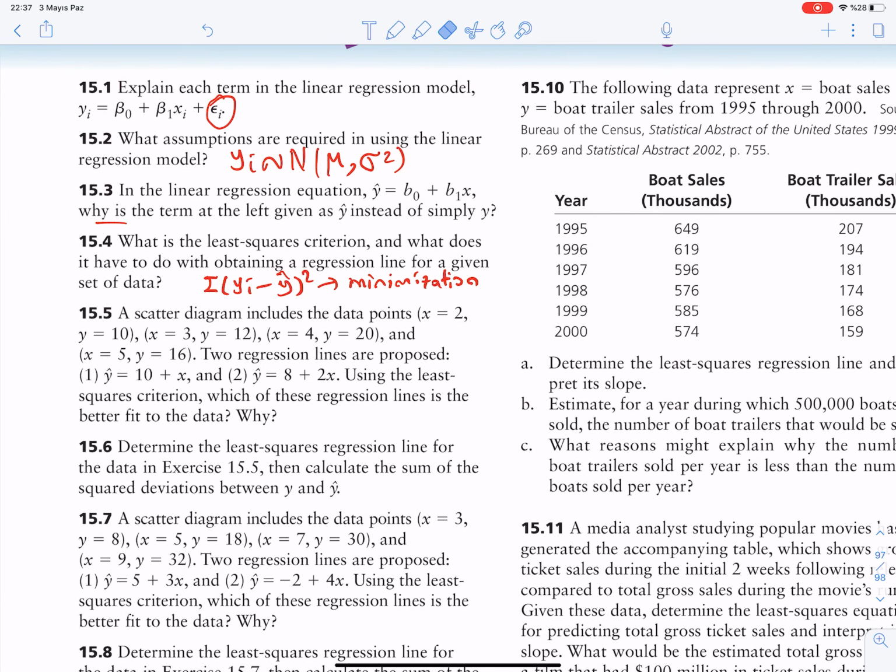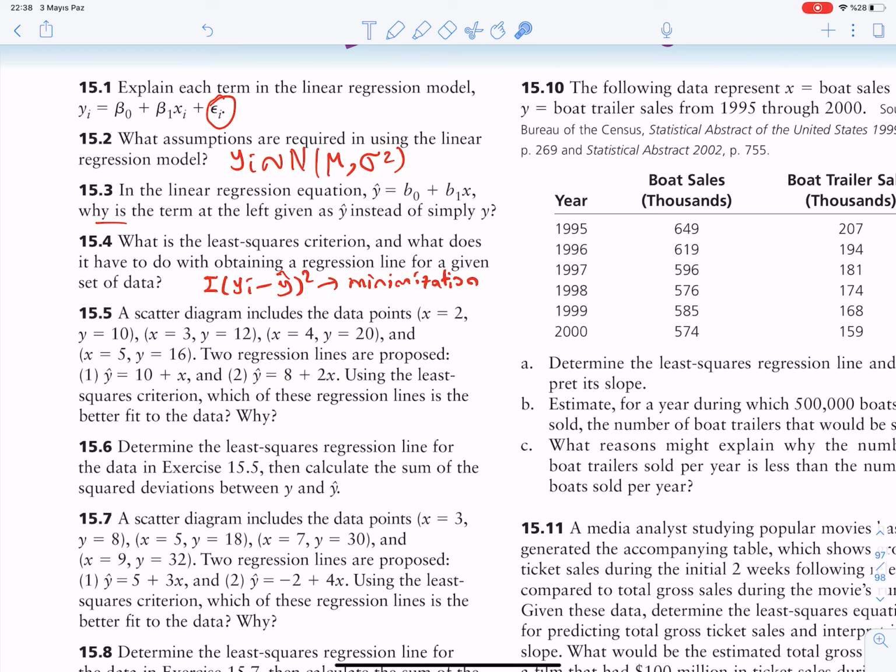The next question: a scatter diagram includes the data points x equals 2, y equals 10; x equals 3, y equals 12; x equals 4, y equals 20; and x equals 5, y equals 16. Two regression lines are produced. One is y hat equals 10 plus 1 times x, and the second is y hat equals 8 plus 2x.